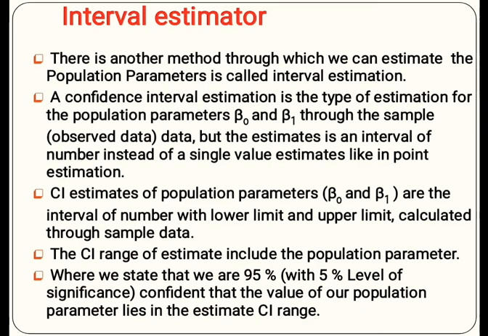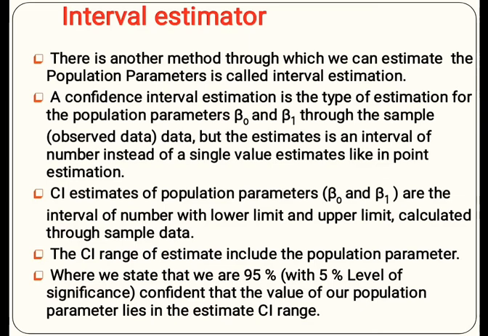A confidence interval estimation is the type of estimation for the population parameters beta naught and beta 1 through the sample data, but the estimate is an interval of numbers instead of a single value estimate like a point estimator. Here we will estimate the population parameter through a range of values, and we will define the lower limit of the confidence interval and upper limit of the confidence interval, and we state our population parameter lies within this range.